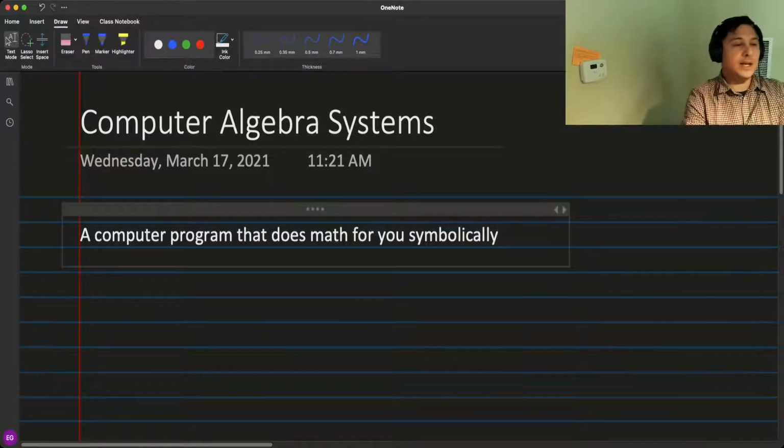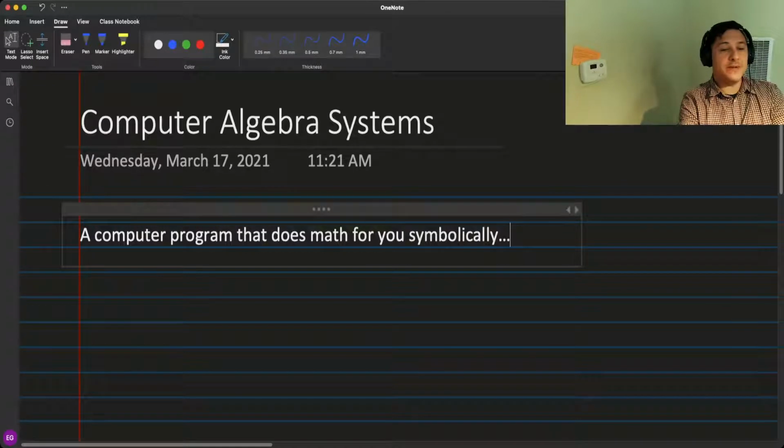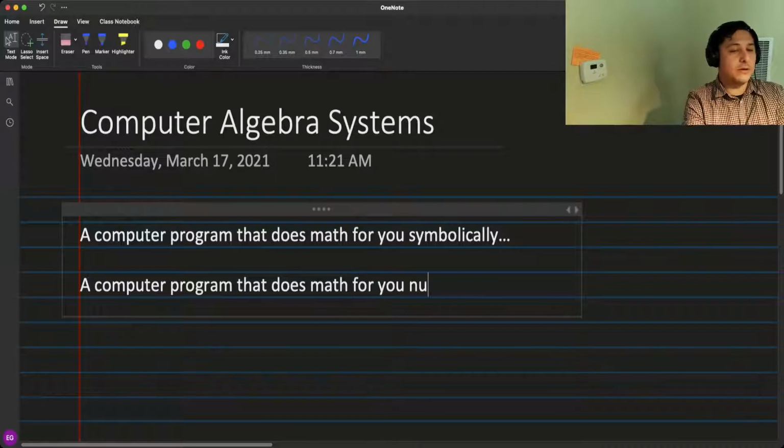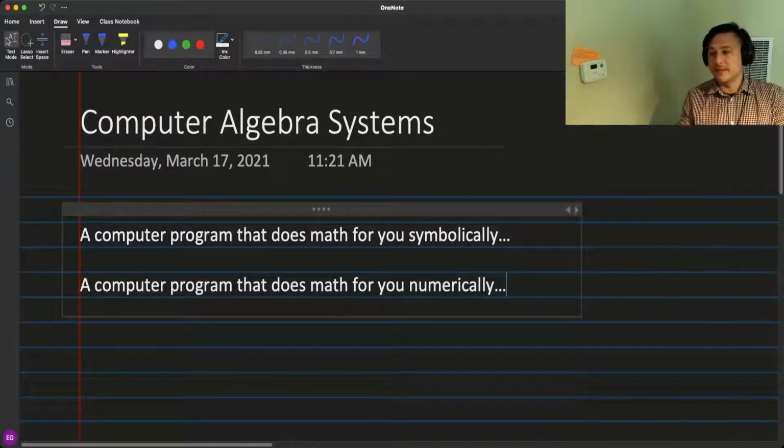There's a difference between computer programs that do math for you symbolically and computer programs that do math for you numerically. So we're going to talk about the difference so that you can understand what's going on here.